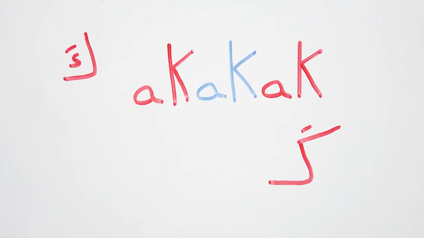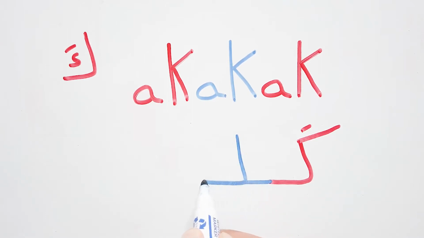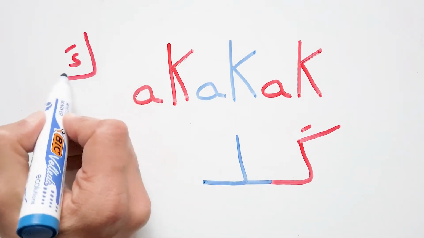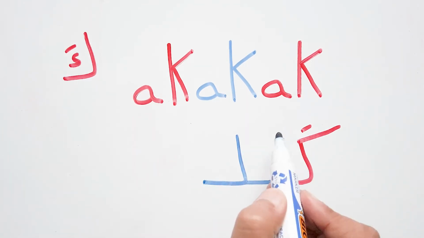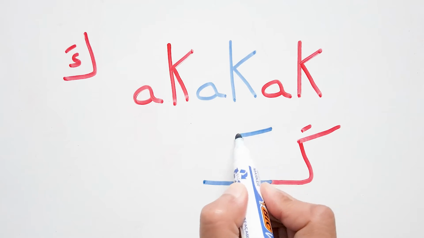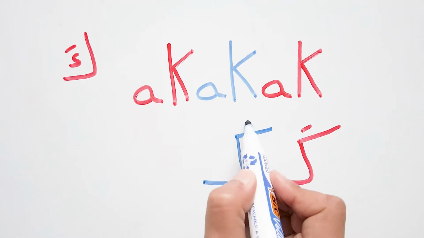Okay? Let's see ka in the middle of the word. How is it? We will get a line like this. And then we will add like this shape here, okay, and then we will add this line on the top.